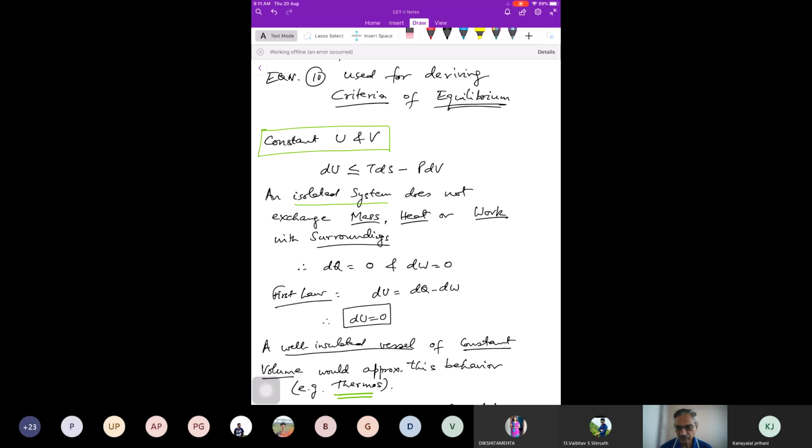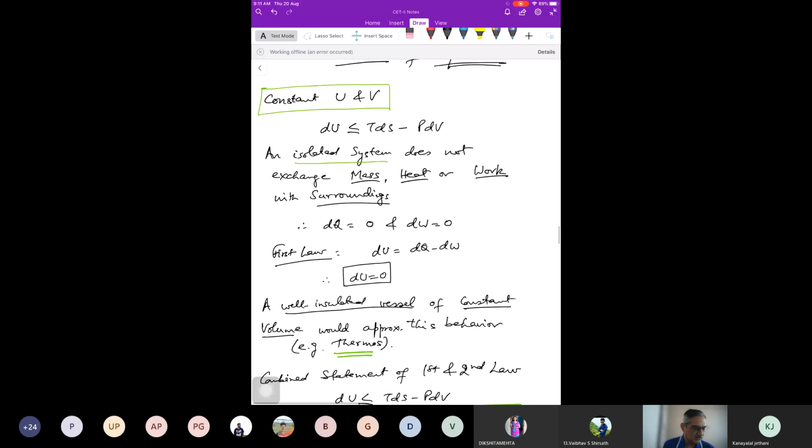Okay, there will be a little heat loss, insulation is not perfect, but we have to consider that later. For ideal systems, we will consider dQ is equal to 0. And from the first law, dU equal to dQ minus dW, because dQ is equal to 0 and dW is also equal to 0.